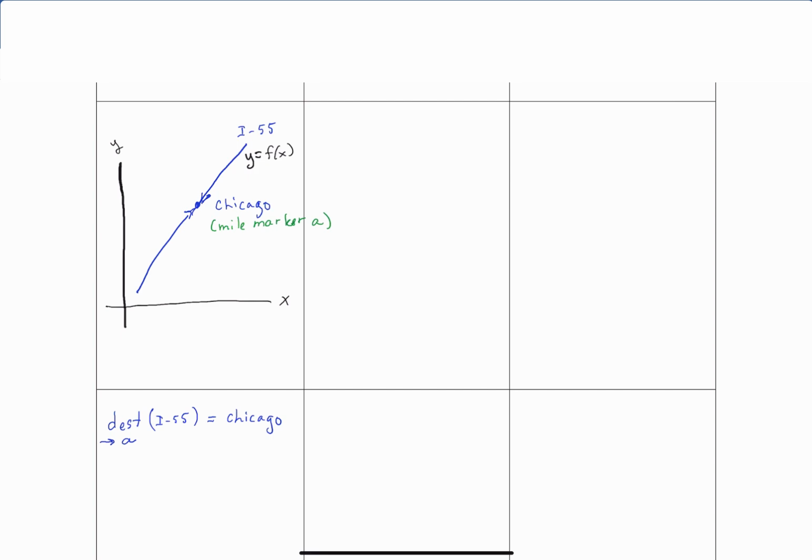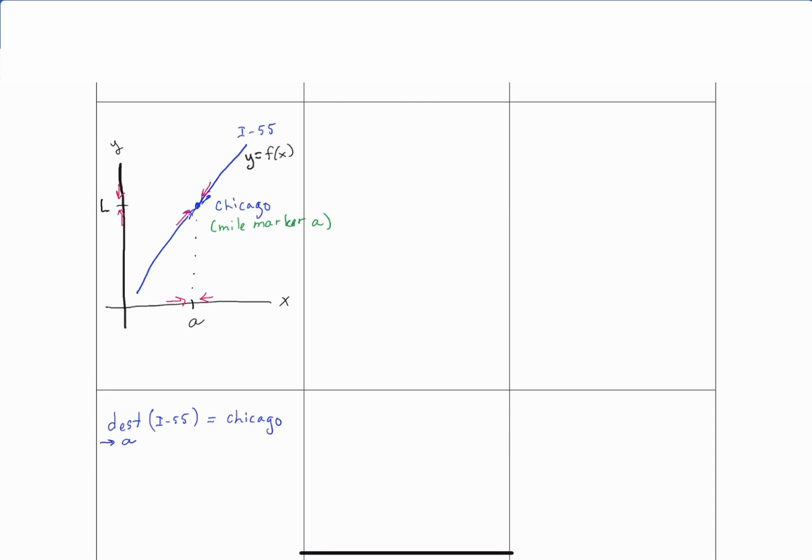And mile marker A I'm going to represent by putting an A down on the x-axis, because we always talk about where things are happening on our graph by referring to where on the x-axis you'd have to be to look up and see that thing happening. And then what's the thing that's happening? Let's say the y-coordinate of Chicago is capital L. This lowercase a and uppercase L, those are traditional letters in this context, by the way.